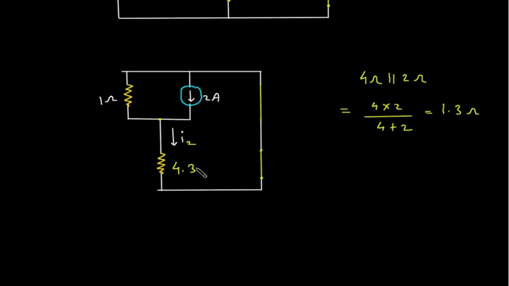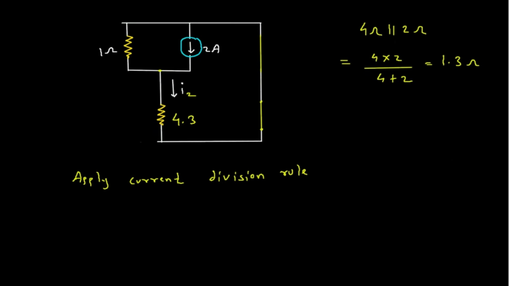Now we have to find this current I2. So apply current division rule to find I2. So I2 is equal to this current, which is 2 ampere, into opposite branch resistance. Opposite branch resistance is 1 ohm, by total.